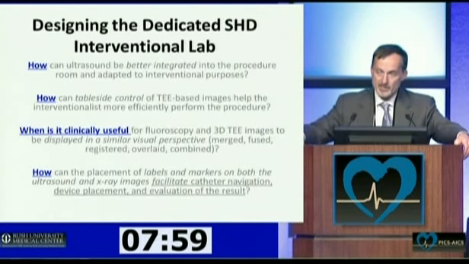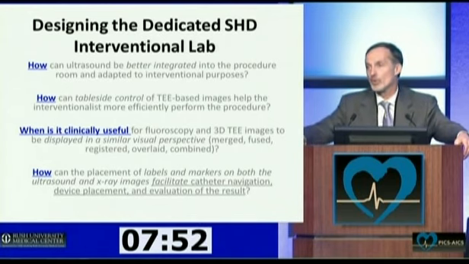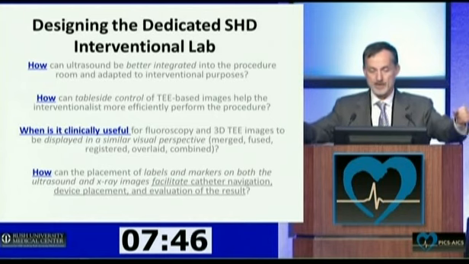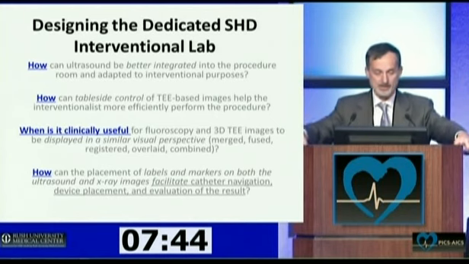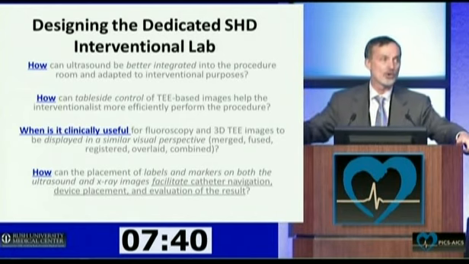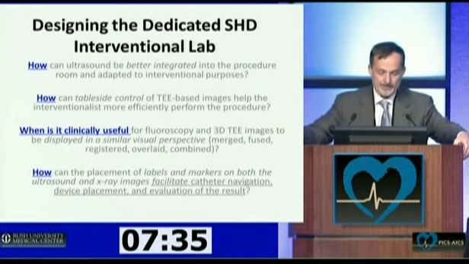So designing a dedicated structural heart disease system comes with a couple of questions we want to work with manufacturers to answer. How can we better integrate it such that it's not the cumbersome roll in, roll out, plug in, plug out? How can we at the table side have some control over these key images that we're interacting with?